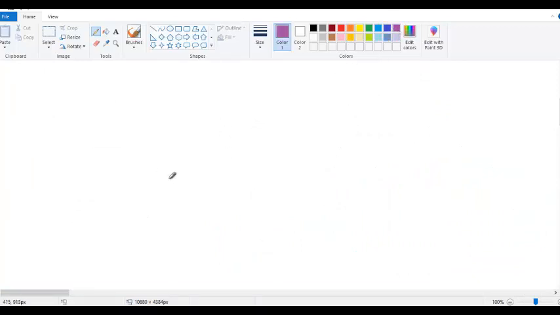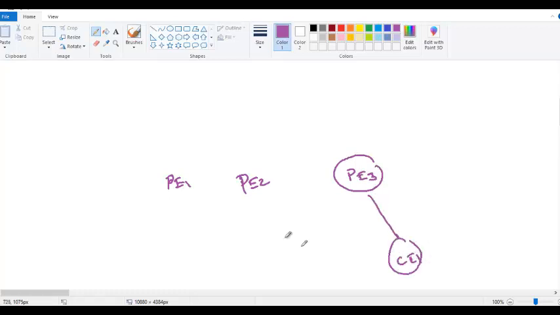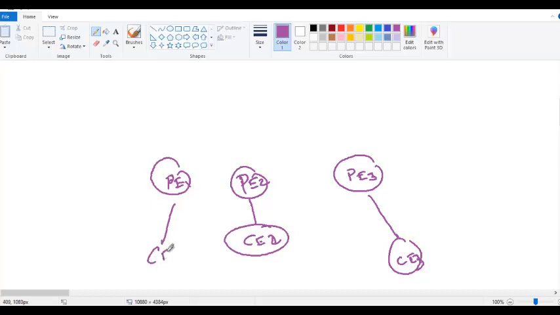I'm drawing again PE1, PE2, PE3. Why are they called PE? Because they are connected to CEs, C3. What is a CE? They are other autonomous systems.